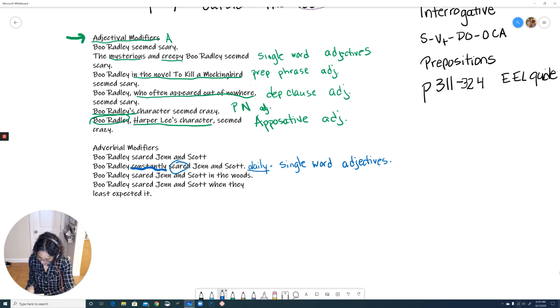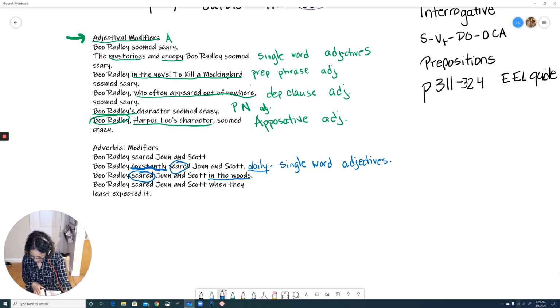The next sentence is Boo Radley scared Jen and Scott in the woods. Who knows what kind of phrase this is? Yes, it's a prepositional phrase, but it's an adverbial prepositional phrase answering the question of where they're getting scared, okay?